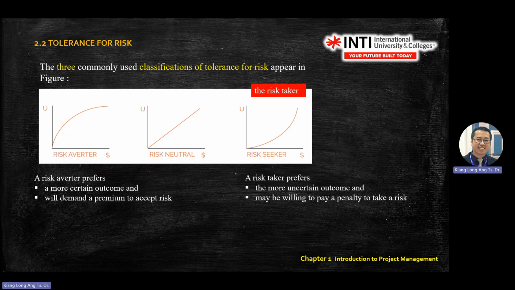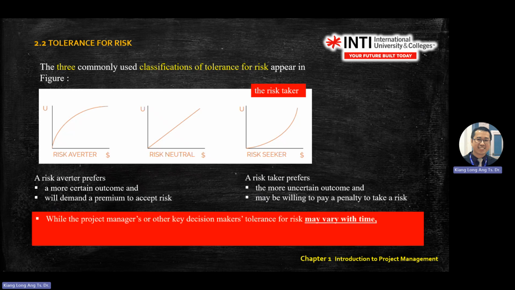Another one, the risk seeker, prefers a more uncertain outcome. They are willing to pay a penalty to take a risk. So these are the profiles. Of course, these three profiles cannot exist at one single time.